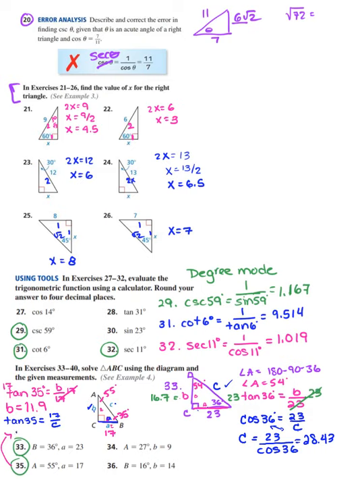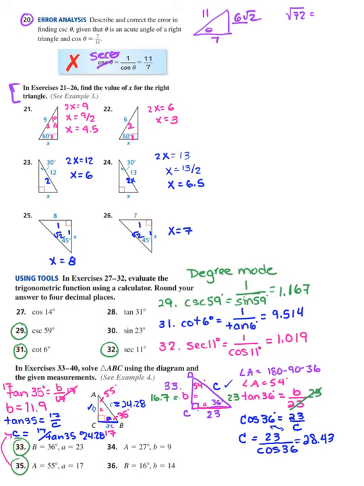So what we're entering on our calculator is going to be 17 divided by tan 35. Sorry that I kind of ran out of room there. 24.28 is what C will be.